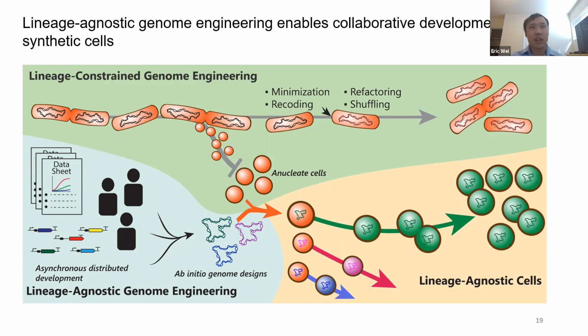If we're able to shed its original lineage and instantiate an ab initio designed genome, which allows us to have access to many of the traditional engineering tools, have asynchronous distributed collaborative development of genomes that can be lineage agnostic, and therefore instantiate that into this lineage-based container, but have a lineage agnostic cell that's able to express off a synthetic genome.